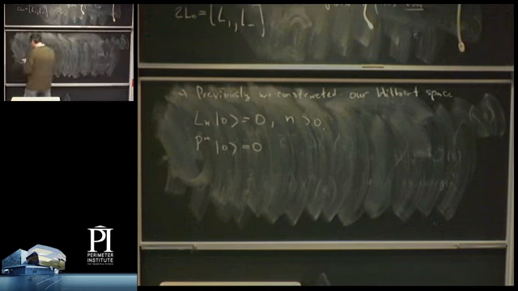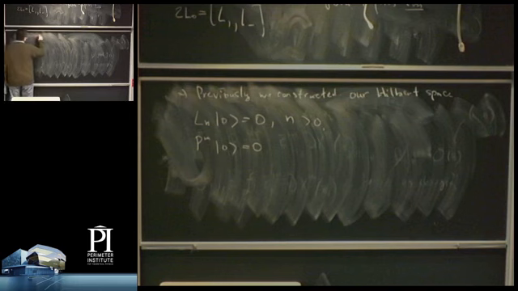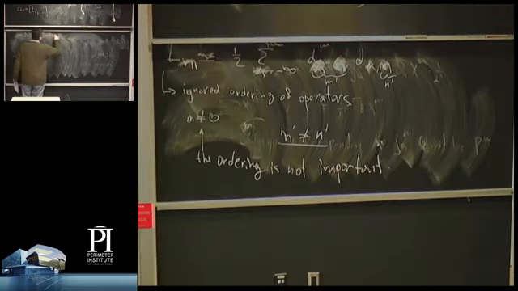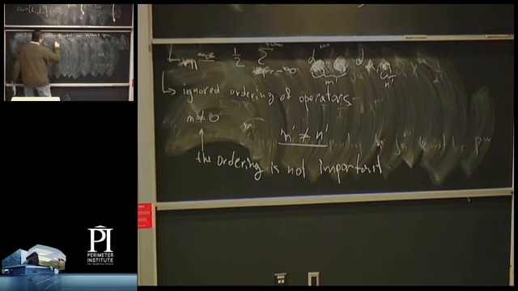So first of all, note again, we define the vacuum in this way, but remember that previously we constructed our Hilbert space by asking that L n, when it acts on the vacuum, annihilates it when n is positive.